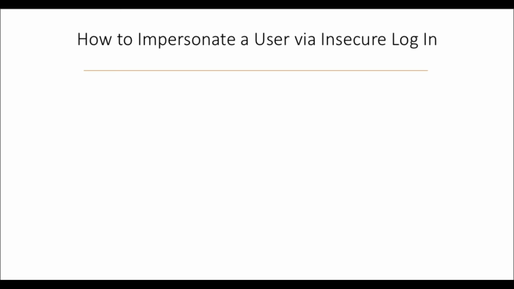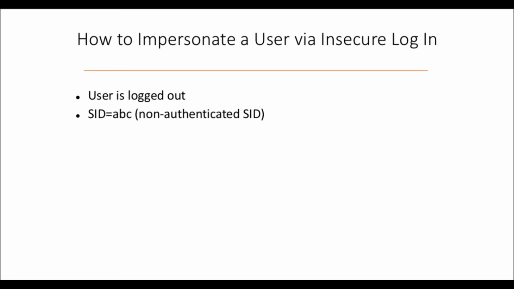So let me first discuss a story so that you've got an understanding of the problem. Let's assume that the user is logged out and the session ID of the user, in short SID, is ABC, just for simplicity. And this is a non-authenticated session ID because the user is logged out.